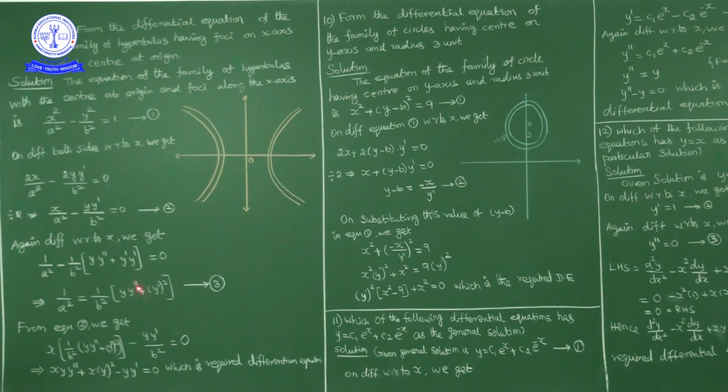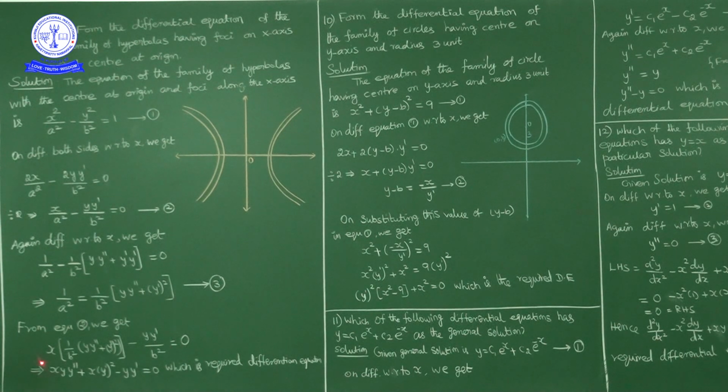Now from 2 we have x/a² − y'/b² = 0. So x into 1 by a², in place of 1 by a² I will write this quantity: x into 1 by b² into (y y'' + y'²) minus y'/b² is equal to 0.